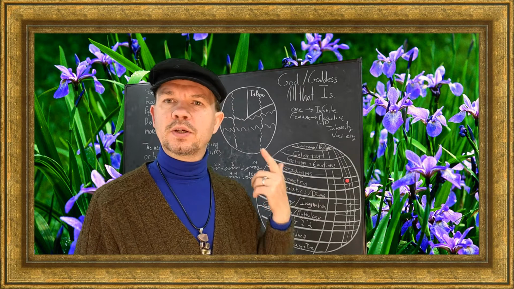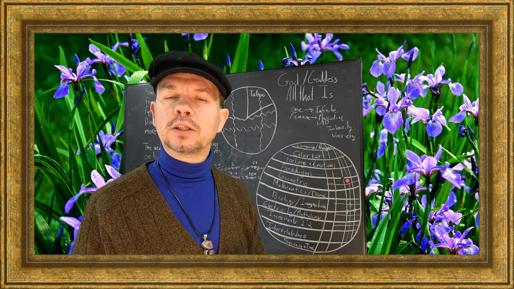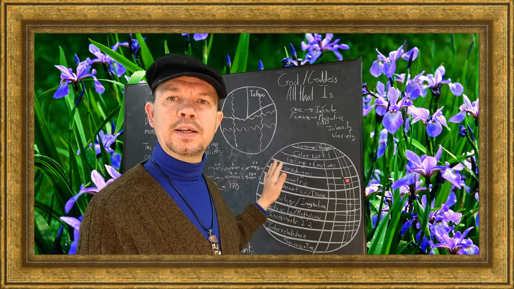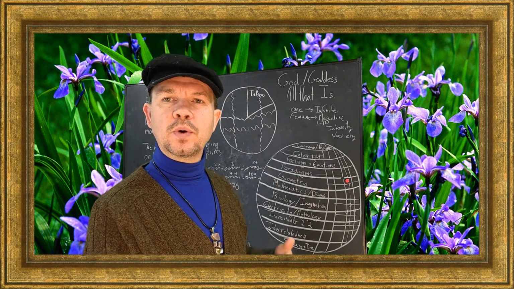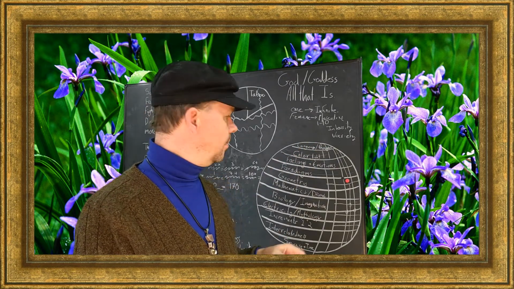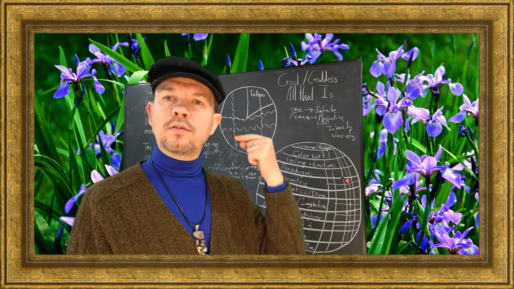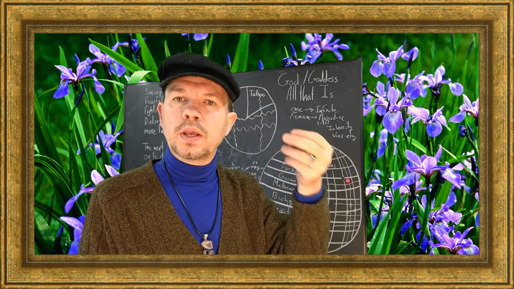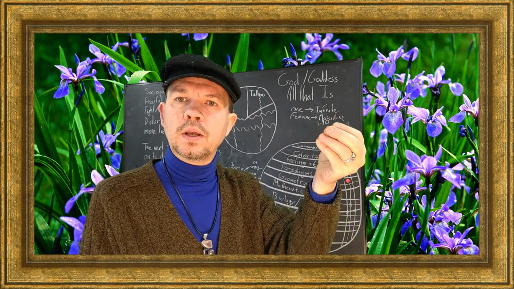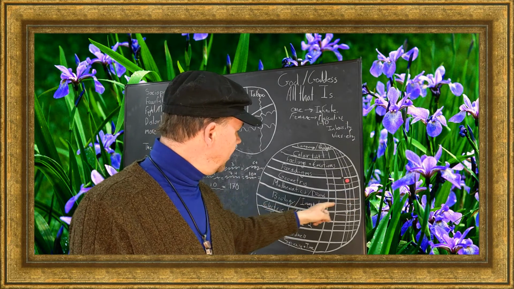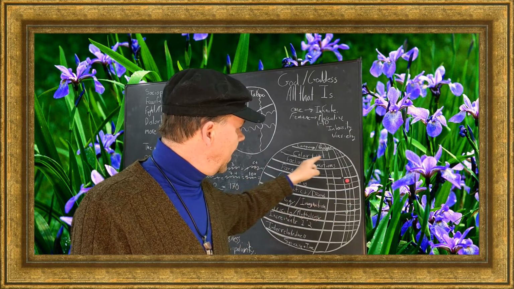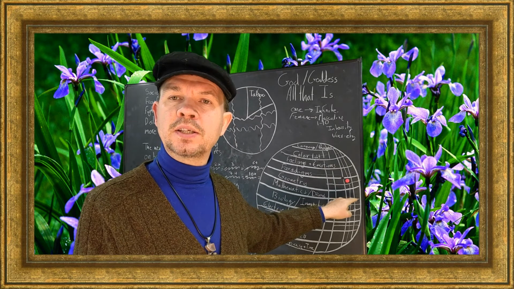Now here's one of the interesting things with the spherical model of reality. One of the things that you would anticipate is that if you have a true direction that you travel around, you travel around, you'll end up in the same place.